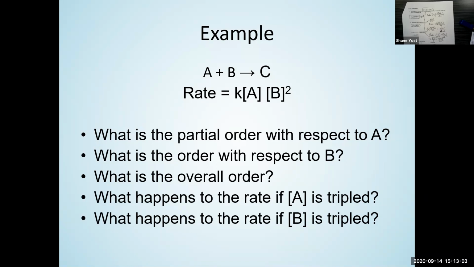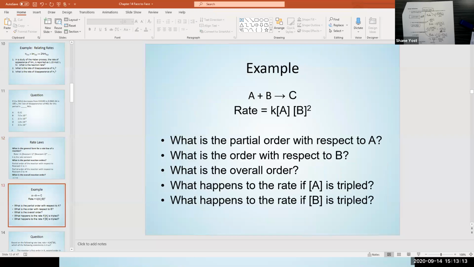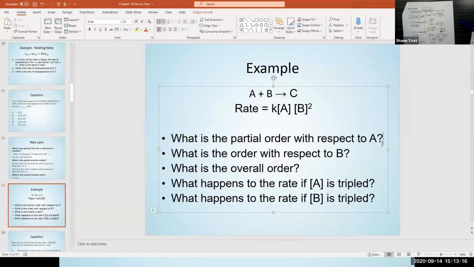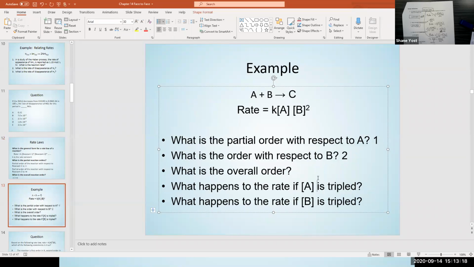What's the overall order? 3. It's 2 plus 1, so that's going to give us 3. And what happens to the rate if I triple the concentration of A?